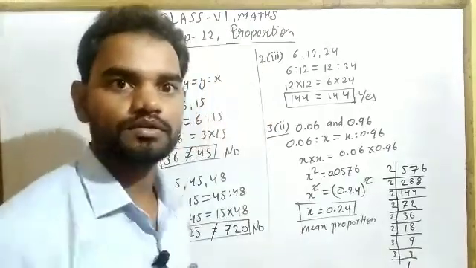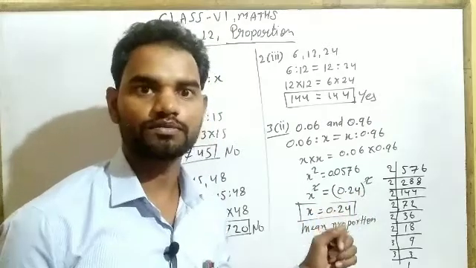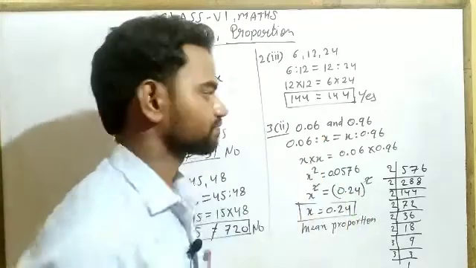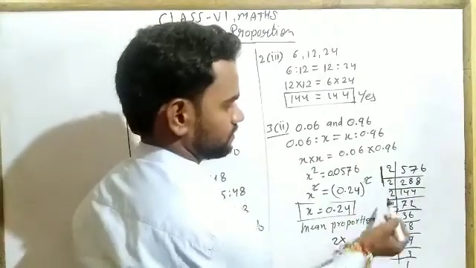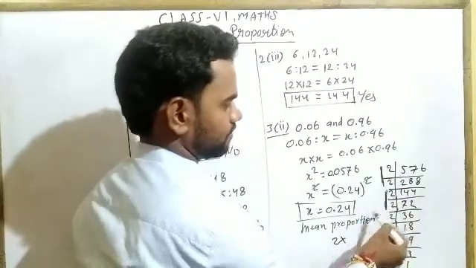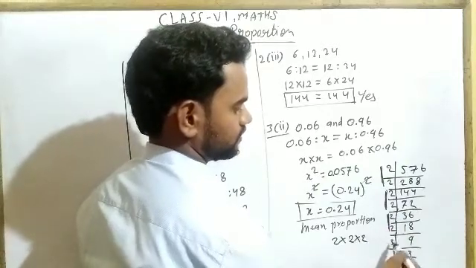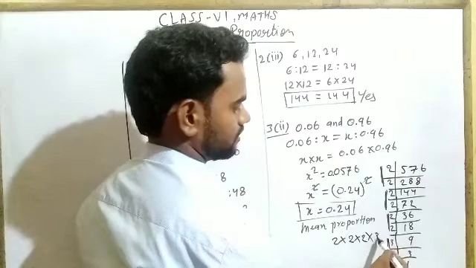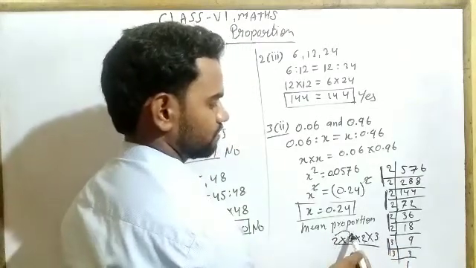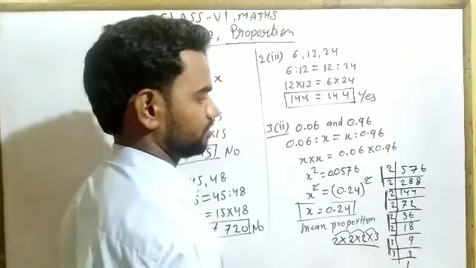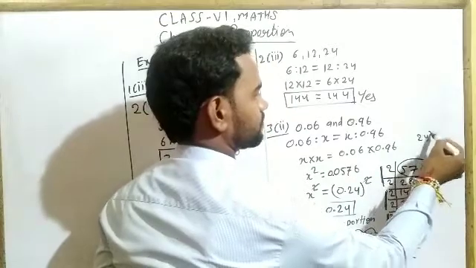So we will make pairs of 2s to write it in square form. One pair of 2, so 2; again one pair of 2, so 2; again one pair of 2, so 2; and one pair of 3, so 3. Now multiply these numbers: 2 into 2 into 2 into 3, that is 8 times 3, which is 24. It means this number can be written as 24 square.